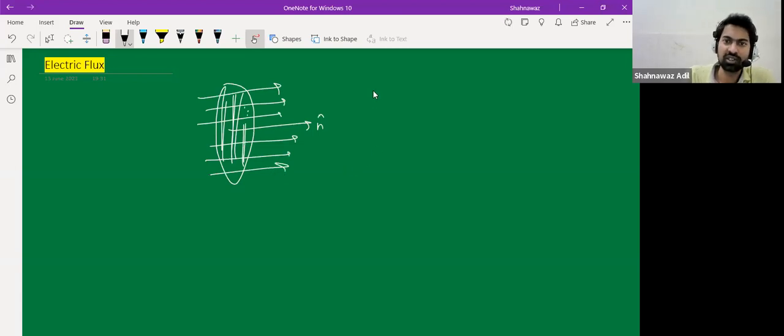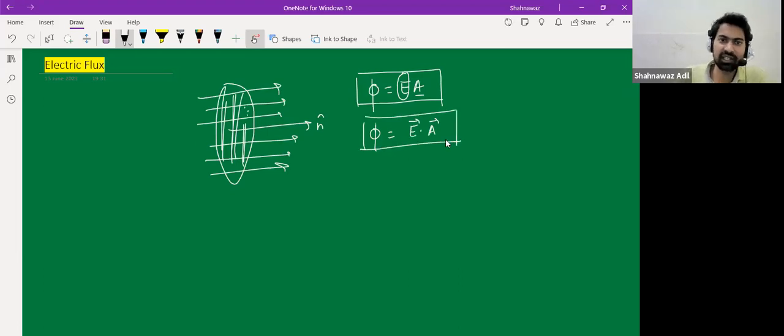This is represented by this phi, and this is EA. This is the electric field and this is the area. So in dot representation, we represent it as E vector dot A vector.